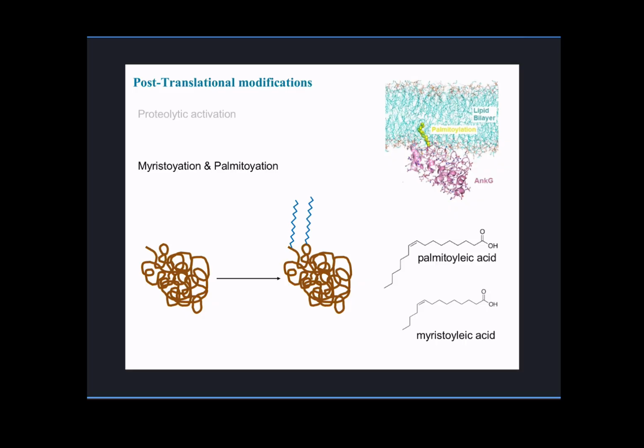So it's not like this protein is totally non-functional before it got palmitoylated or myristoylated, but it may not be able to do its job because it's not in the right place, which is right next to a cell membrane. After palmitoylation and myristoylation, it can go there and start doing its job.